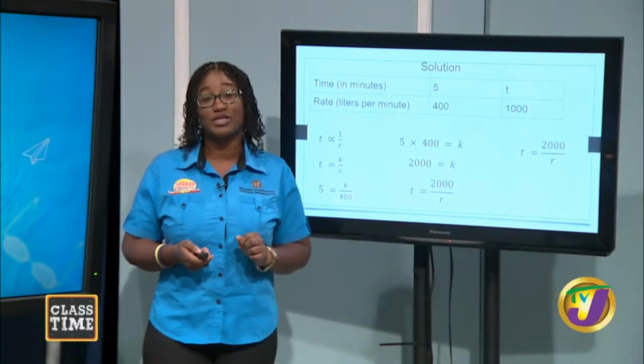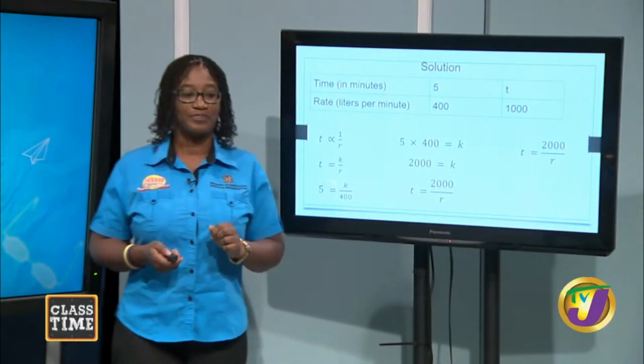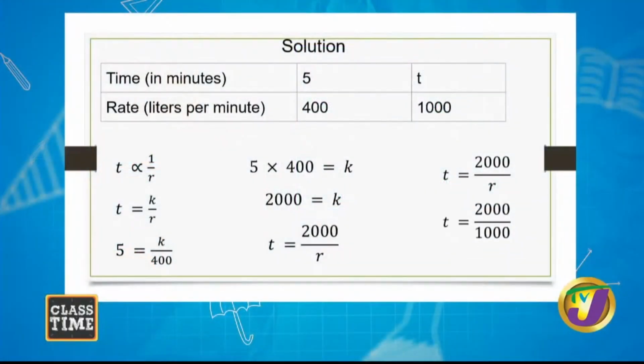So let's do some quick substitutions here. t is equal to 2,000 divided by 1,000. And so we end up with a time of 2 minutes. There we go. I feel accomplished.